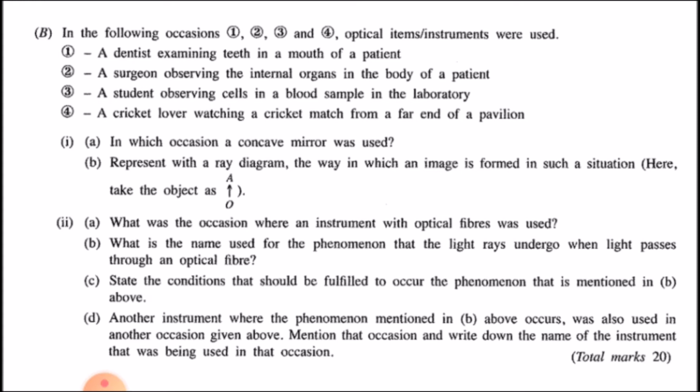Part 2: what was the occasion where an instrument with optical fibers was used? Part B: what is the name used for the phenomenon that light rays undergo when light passes through an optical fiber? Then part C: state the condition that should be fulfilled for the phenomenon mentioned in B above to occur.